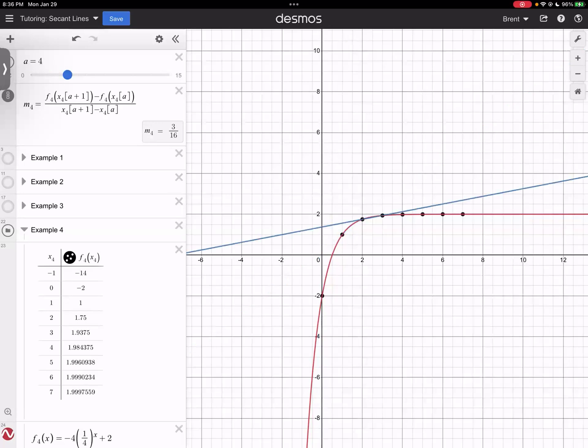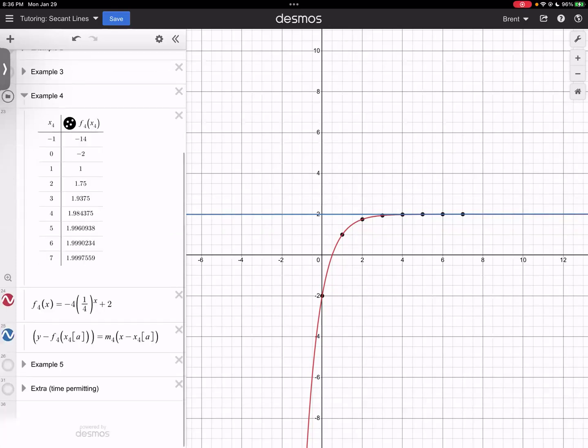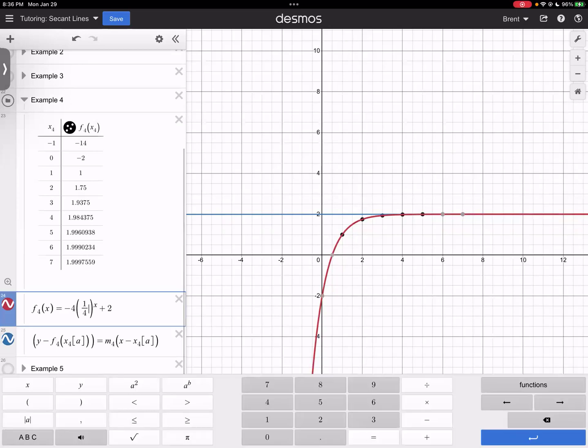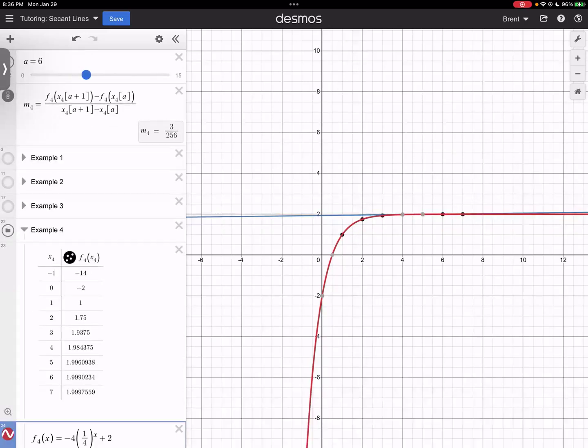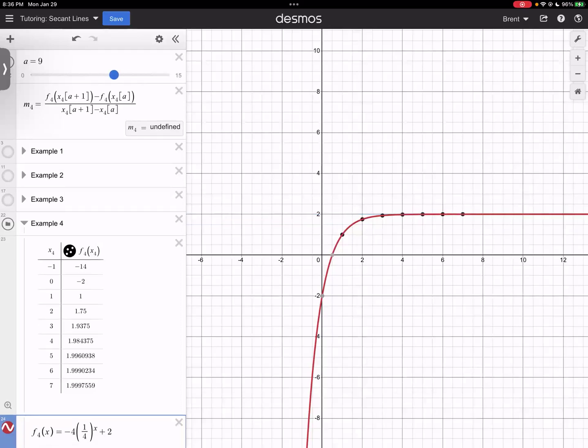Yeah, multiplying by 1/4 each time. And so the exponential function's base must be 1/4. Oh yeah, here is the equation that I used to create that. I got 1/4 just because I noticed that the slope of the AROC on each interval, as I went to the right, was getting multiplied by 1/4. That's how I knew that.